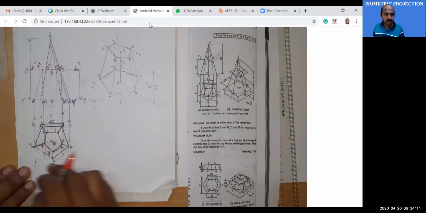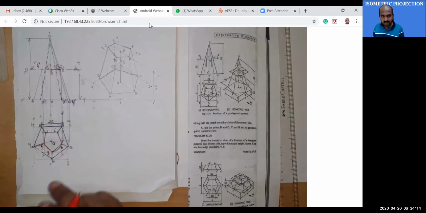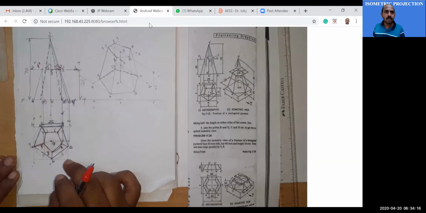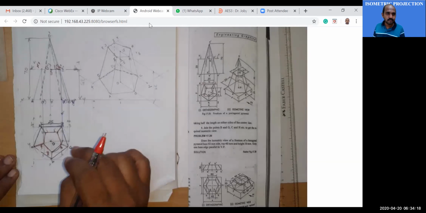Frustum of the solid. So once we completed the front view and top view, we can move to the isometric view. What is the first step?